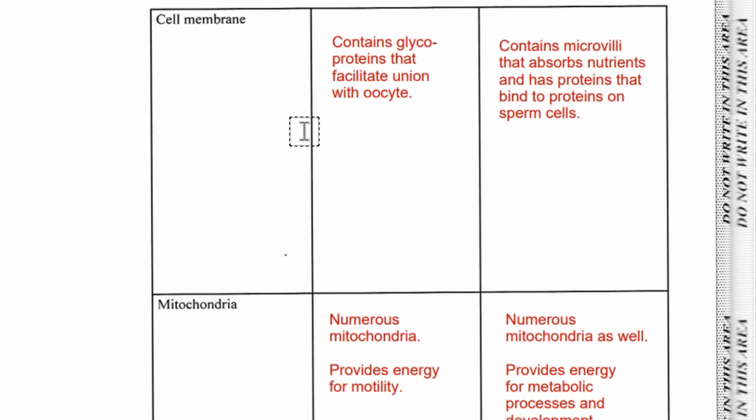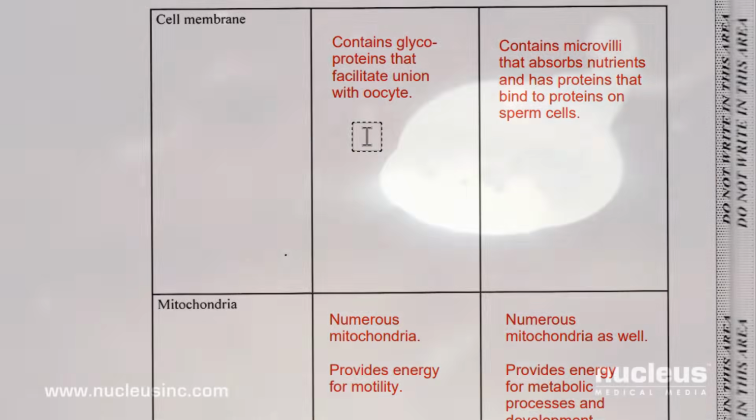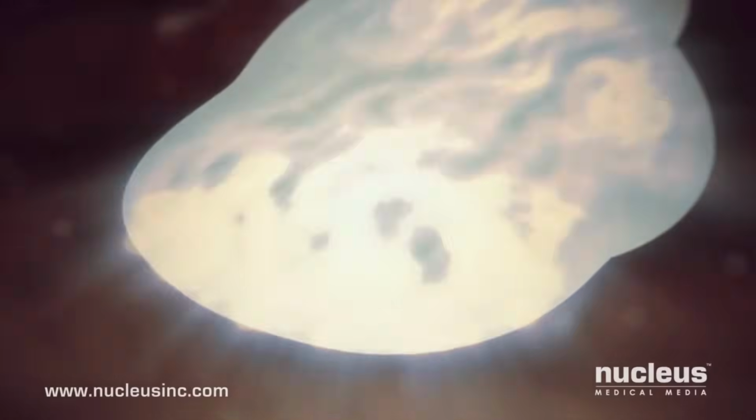The cell membrane of the sperm cell contains glycoproteins that facilitate the union with the oocyte. The cell membrane is also going to have receptors that activate during capacitation when they're swimming towards the secondary oocyte.